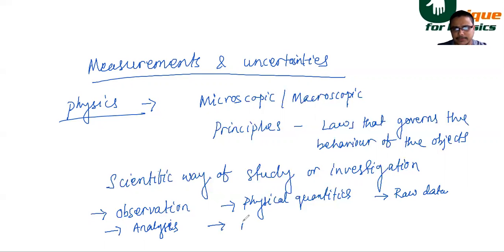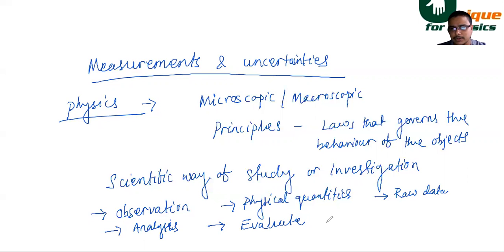Then we can evaluate our analysis: where things are going correct, where things are going wrong, considering the uncertainties and errors associated with the data, and the mathematical interpretation of the analysis. Everything is included in the evaluation.